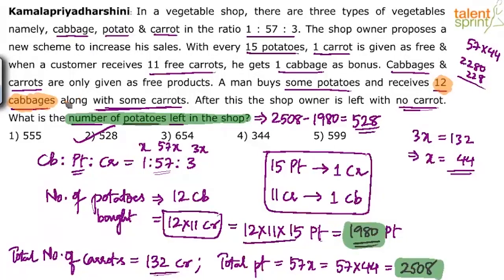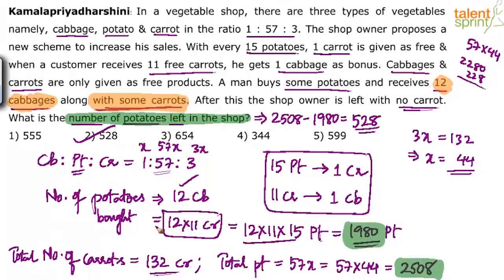It is this: a man buys some potatoes and receives 12 cabbages along with some carrots. Now I'll tell you what exactly is not very clear here. According to the question, the man got 12 cabbages. We have considered that 12 cabbages come along with 132 carrots.